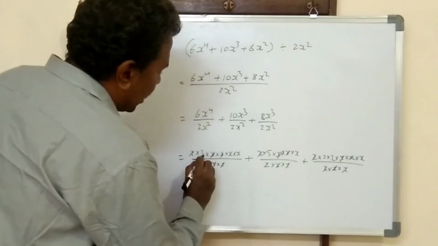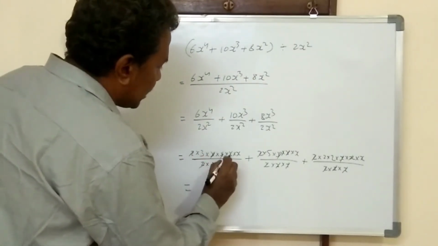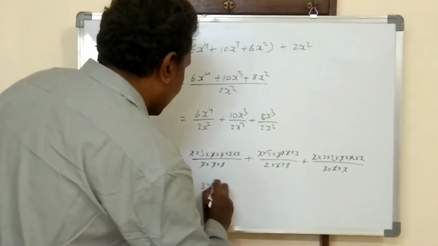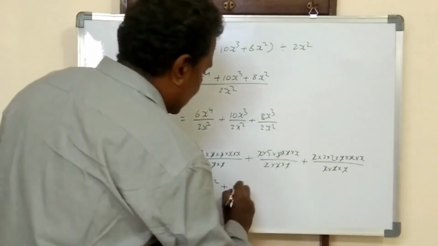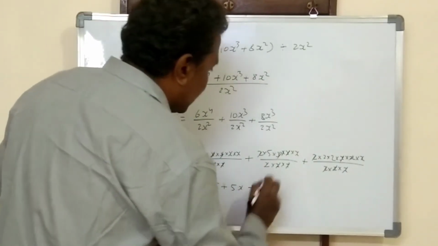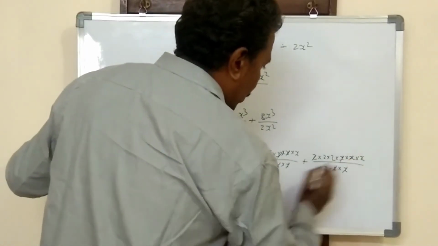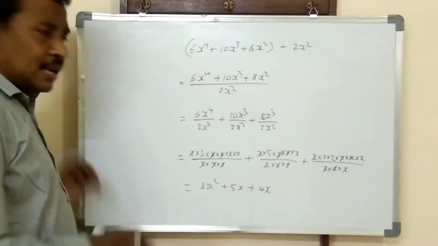So the remaining part of the numerator: 3 into x into x is 3x square, plus 5 into x is 5x, plus 2 into 2 is 4. This is the answer.